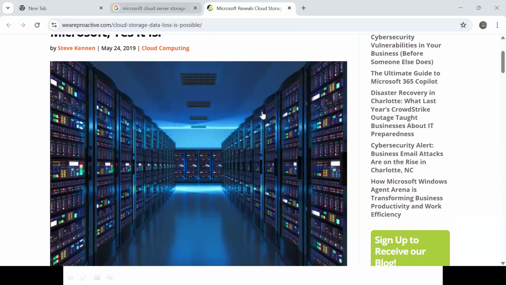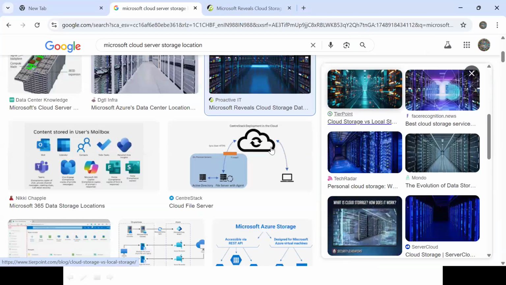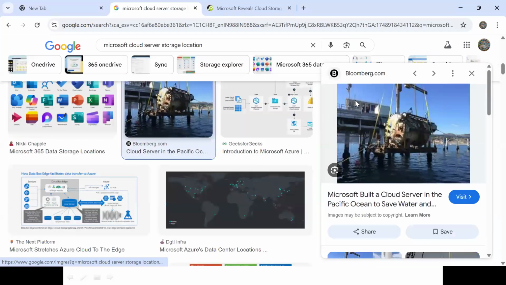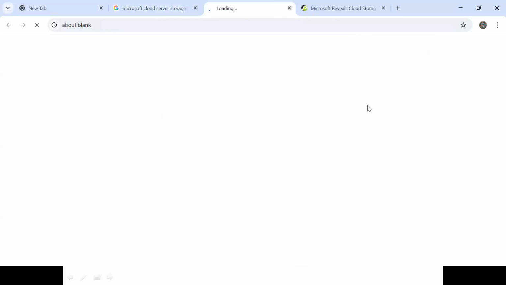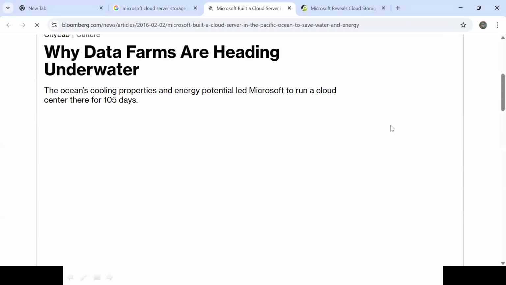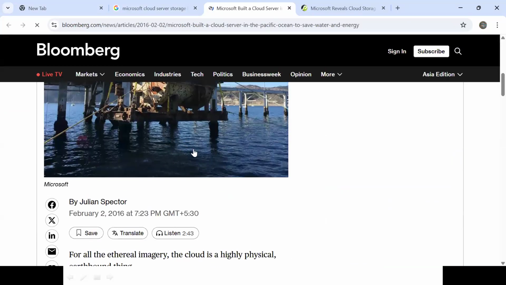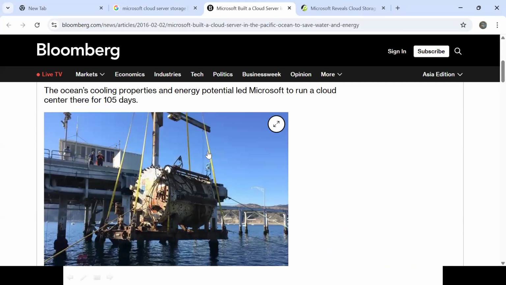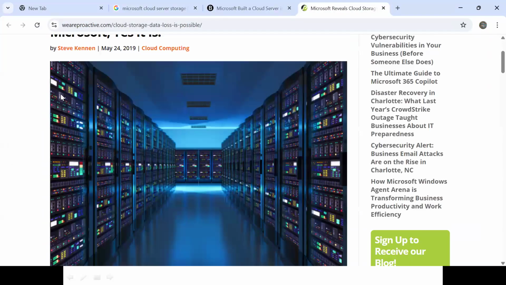They are putting all the servers into tankers. Let me show you that. This is how they are keeping them. They put all the servers into one tanker, and then keep them underwater, as I can see here. This is how they are maintaining. If something goes wrong with these servers, they will pick the data from there. They are protecting it in such a way.